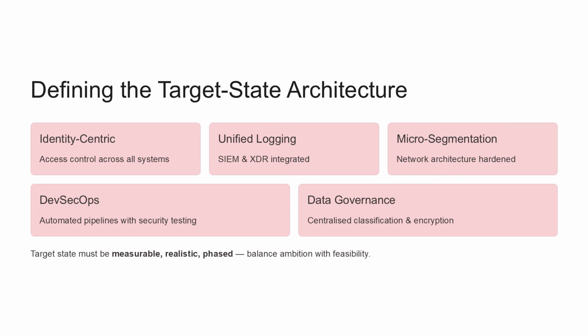Your target state should define architectural principles, capability maturity levels, control integration patterns, governance mechanisms, operating model alignment. For example, your target state may include identity-centric access control across all systems, unified logging integrated with SIEM and XDR, micro-segmented network architecture, automated DevSecOps pipelines with integrated security testing, centralized data classification and encryption governance, risk-driven compliance reporting.